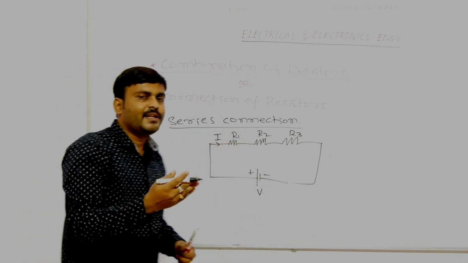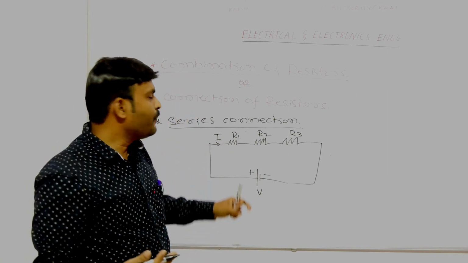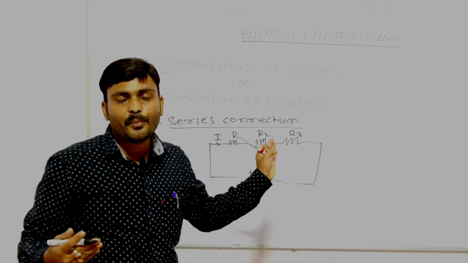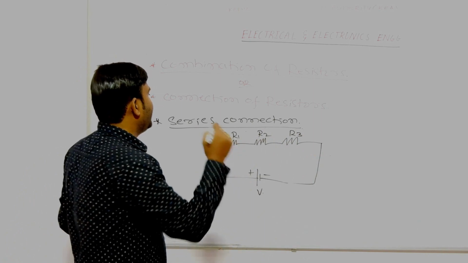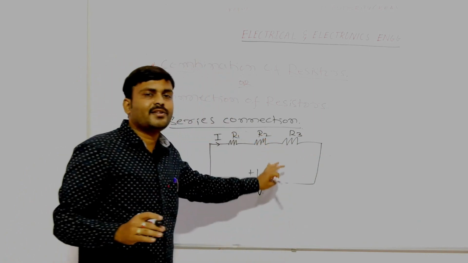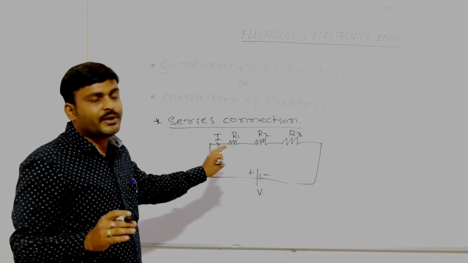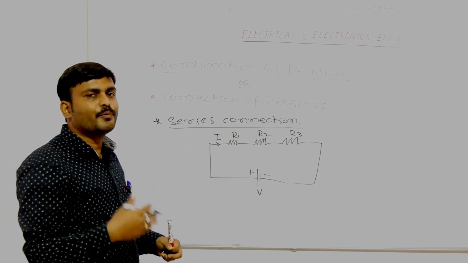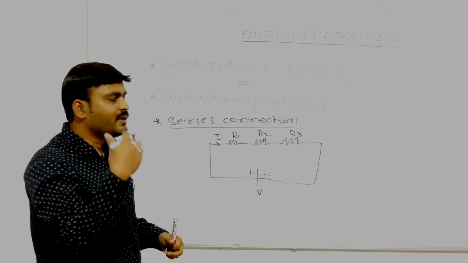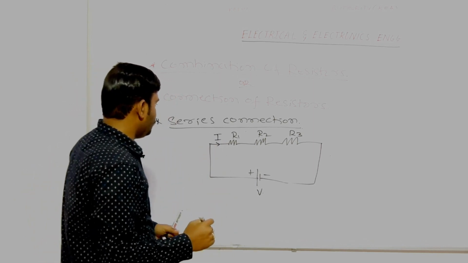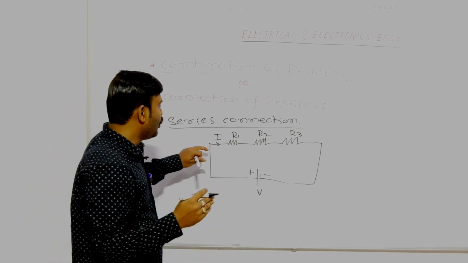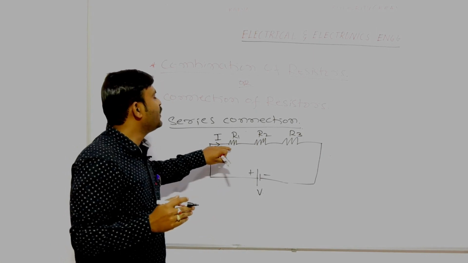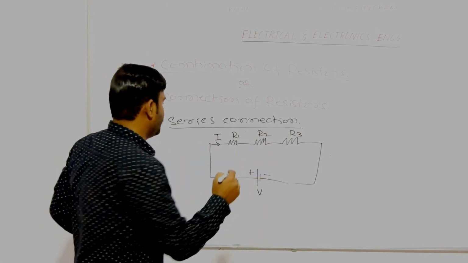So let us see the equivalent resistance of the series combination of the resistors. The equivalent resistance or the total resistance of this circuit is known as the equivalent resistance when the resistors are connected in series. Now, when current flows, the voltage will drop across each resistor.